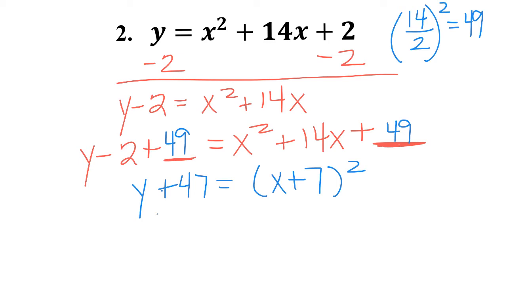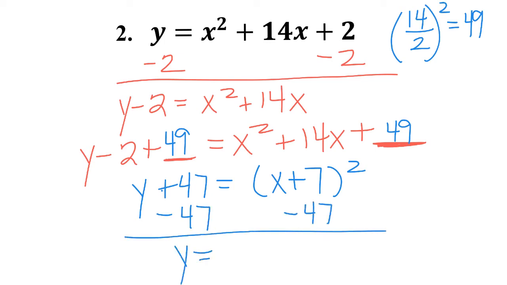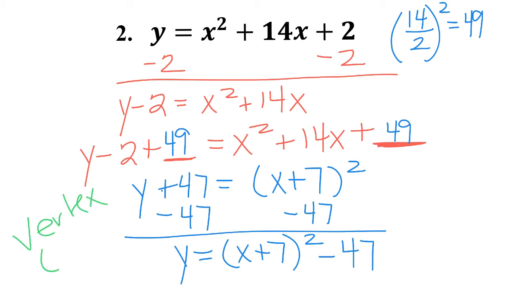Now we're going to subtract that constant back over to the other side so that we've isolated the y. And so we have y equals x plus 7 squared minus 47. And again, you should easily be able to identify that your vertex is -7, -47.